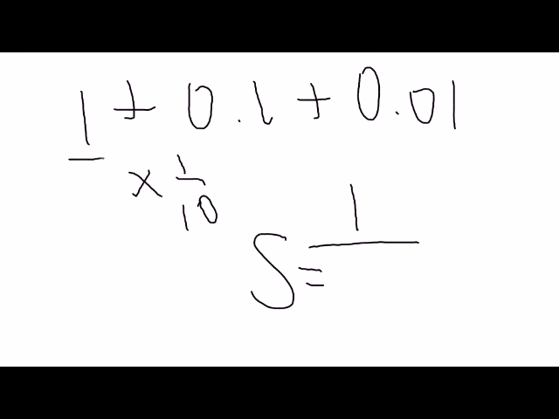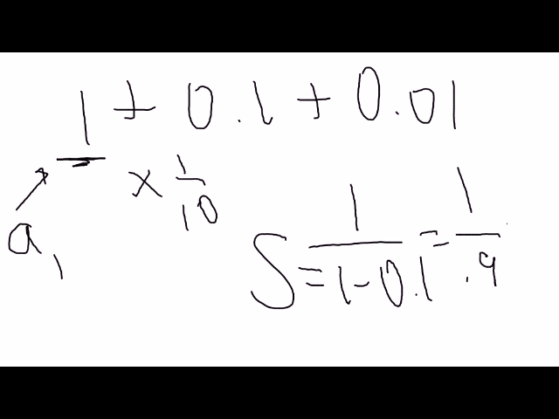That's a sub 1, over 1 minus r, and so that's 1 minus 0.1. And so we get 1 over 0.9, which is going to be 1.11, and it just kind of continues. So that's our answer. Round it to the nearest hundredth, so 1.11 is fine. Let's just leave it at that, 1.11.